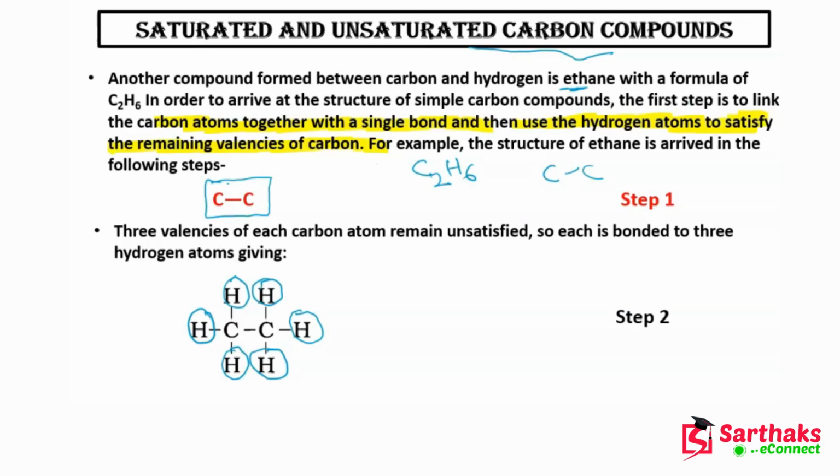So this is the structure of ethane, which has the formula C2H6, where 2 carbons and 6 hydrogens are present: 1, 2, 3, 4, 5, 6. I hope it is clear how we made the structure of ethane.